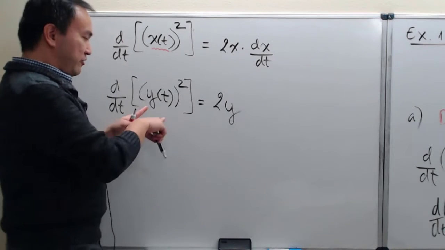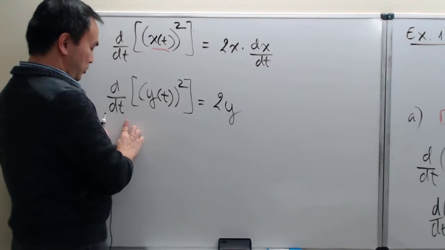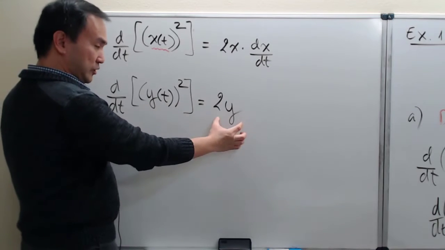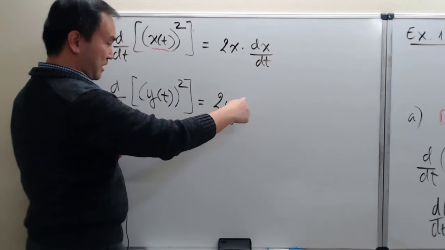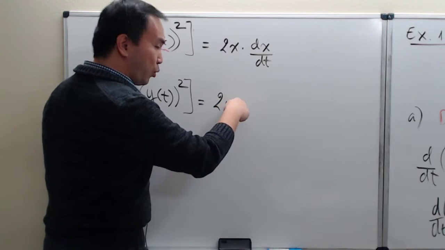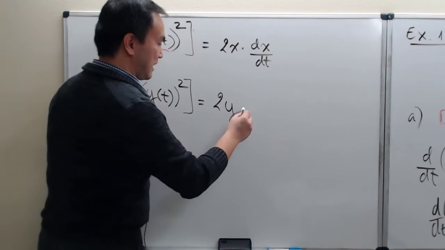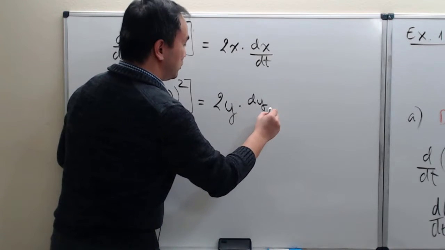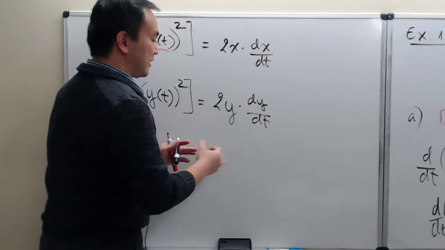And then chain rule says further, multiply that derivative with the derivative of the inside. So this is the derivative of the outside, and optionally people can write 2 times y of t, but that's not really important. And now multiply with dy/dt, the derivative of the inside.